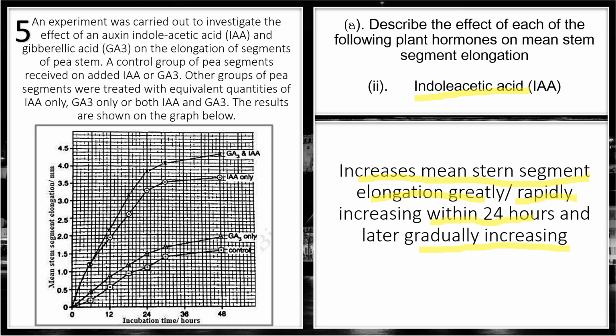So when you look at our indoleacetic acid, you can see that it increases the mean stem segment elongation rapidly in the first 24 hours. And then later on, it increases it gradually.